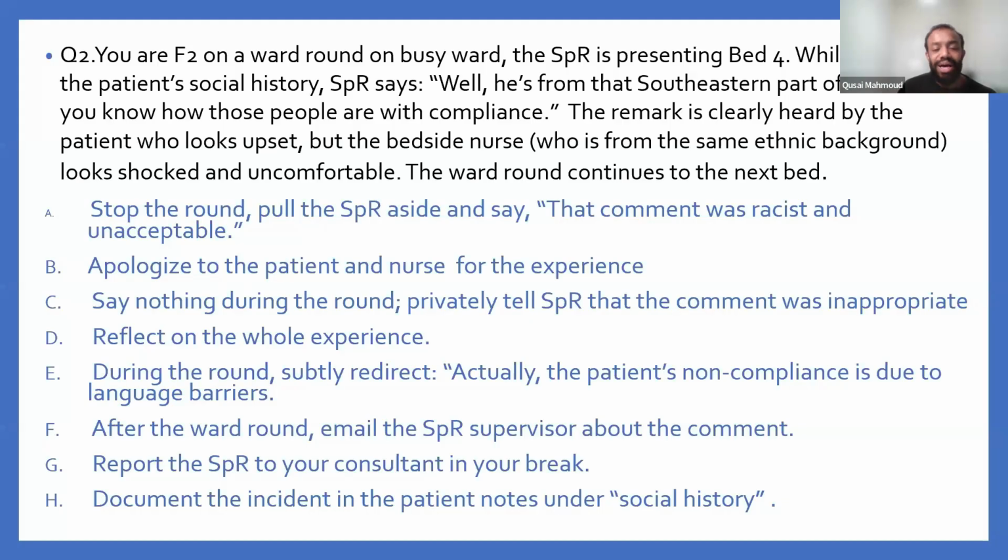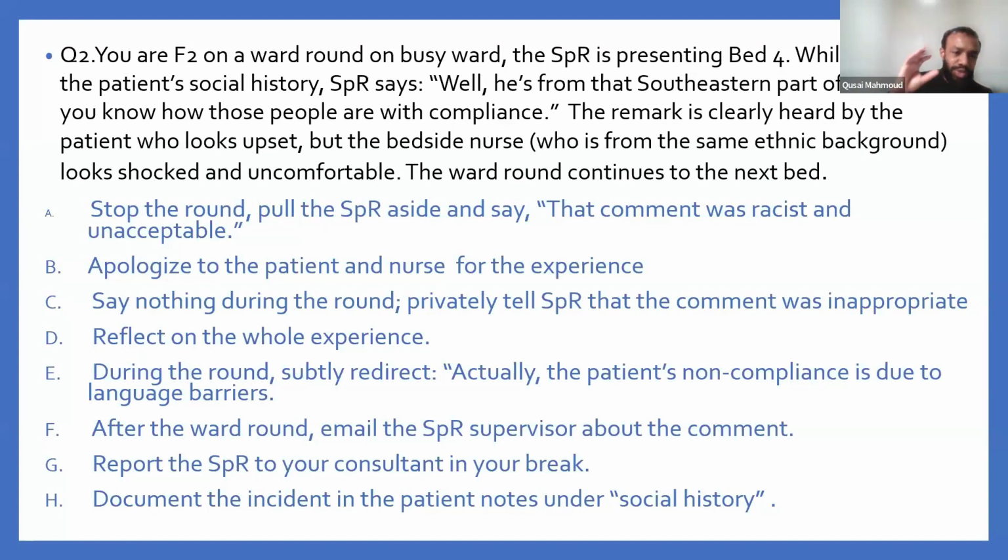F and G are pretty much similar. I need to pick one of them. I cannot exclude both. I cannot take both. And H is very illegal. I cannot write rubbish in the patient records. This is a legal document. As I told you, the stem and the options are made up. I made them up.